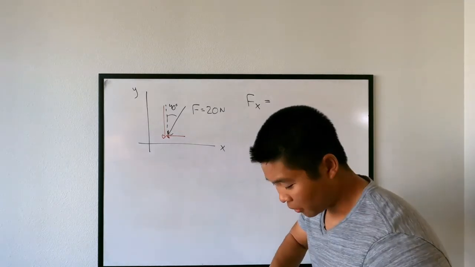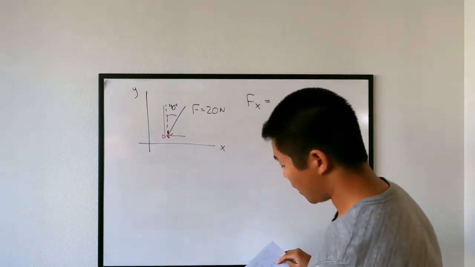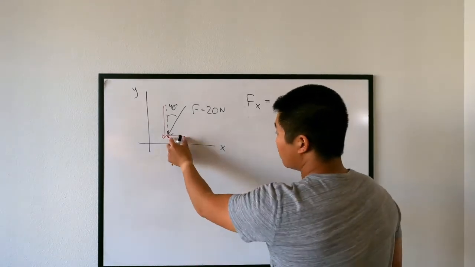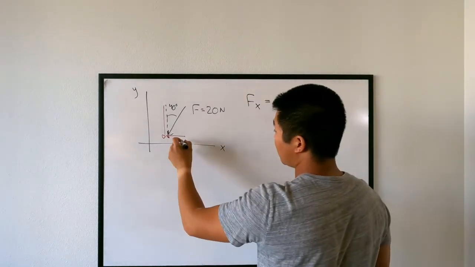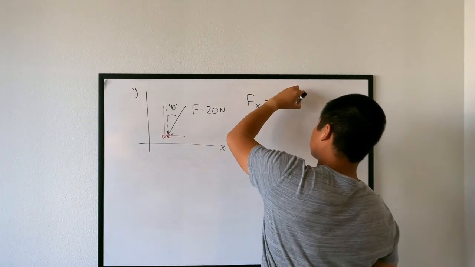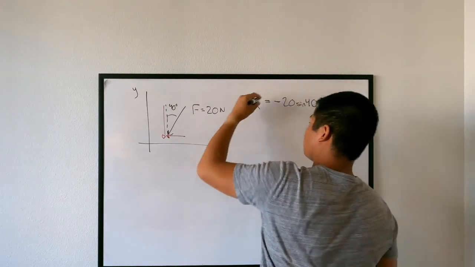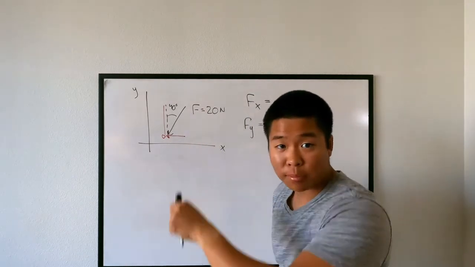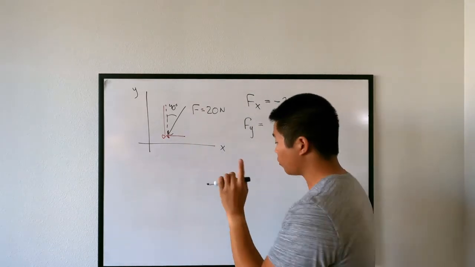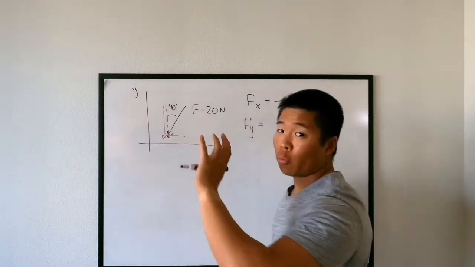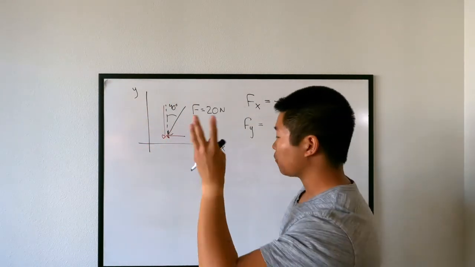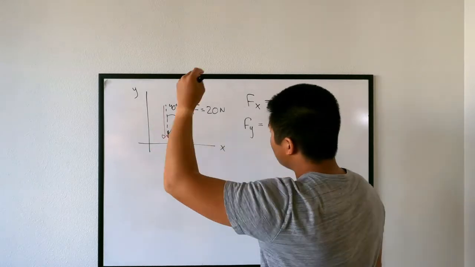So note their directions. The x component is going to be negative 20 times the sine of 40. And the y component is also going to be negative because it's pointing down, according to these axes. When we do three-dimensional stuff, the axes might be all turned around, but you just need to go according to your axes.